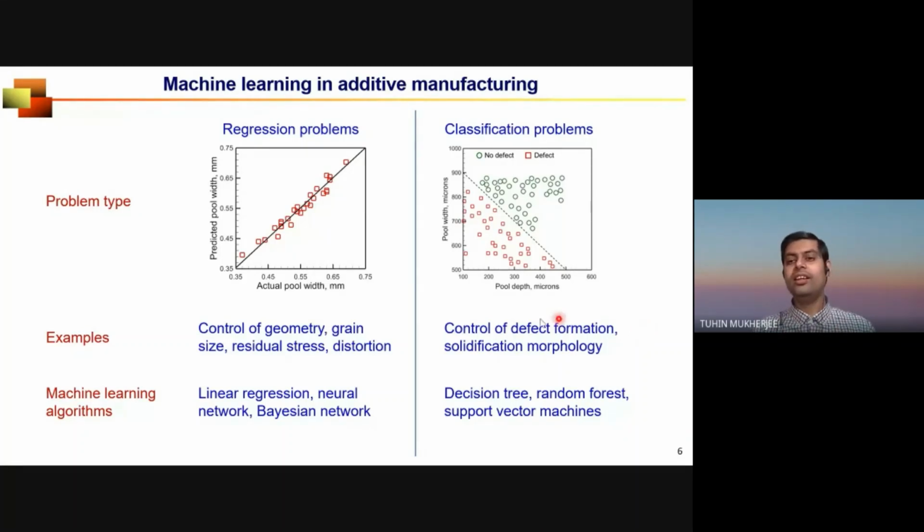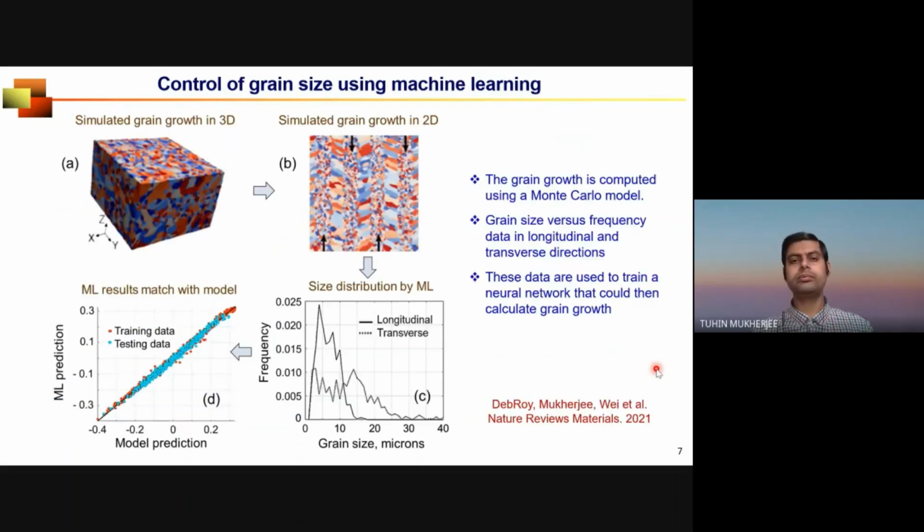So these are the common examples of classification problems in additive manufacturing. Which algorithms do we use? Decision tree, random forest, support vector machines, and there are many other commonly used algorithms for classification problems. Now let me give you some examples of both regression problems as well as classification problems.